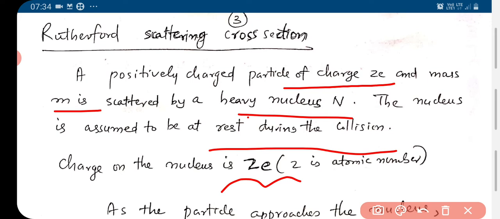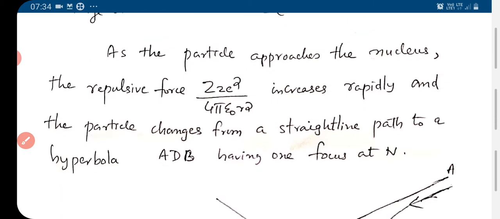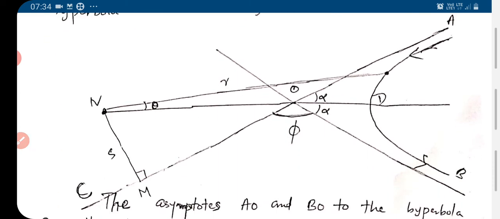So a positively charged particle passes near a nucleus and it is being scattered. So this is what we are considering. This is the situation here. This N is the nucleus, and here we have a charged particle.